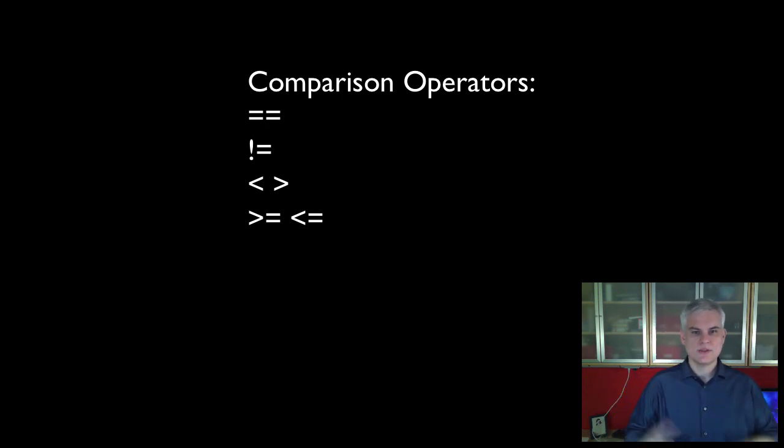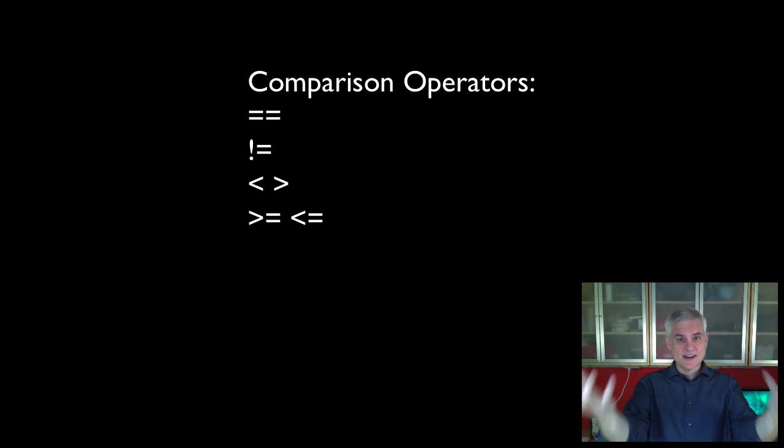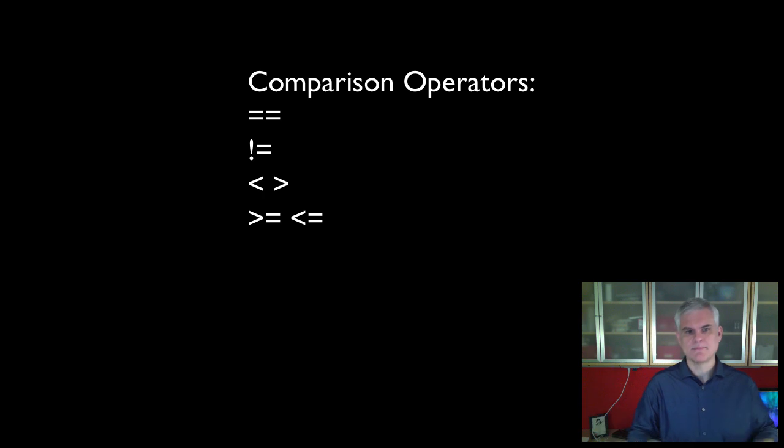So if it's true that these two items are not equal, then that's a true statement, or it's a false statement. And then there's greater than and less than, which operate exactly the way that you would expect them to in mathematical contexts when you're comparing numbers. And then also greater than or equal to, or less than or equal to.